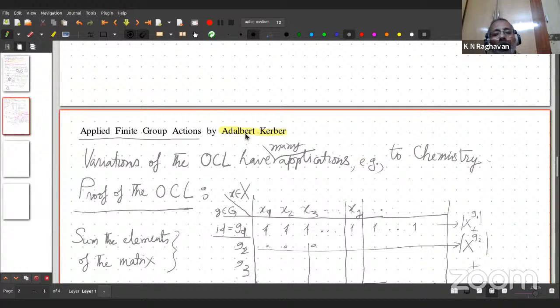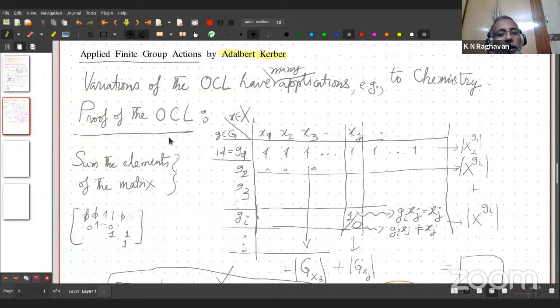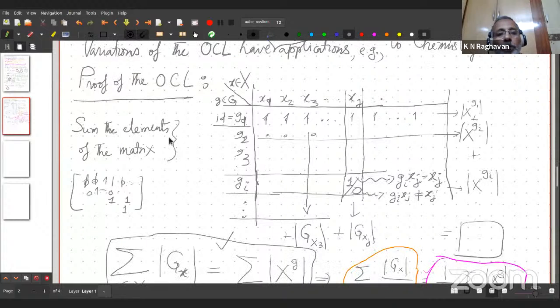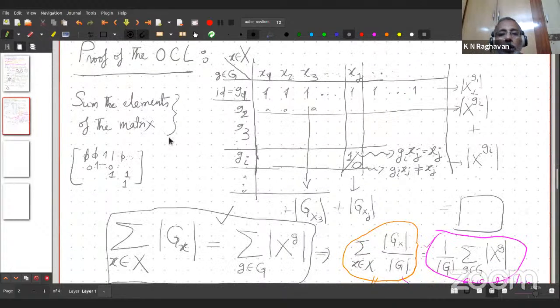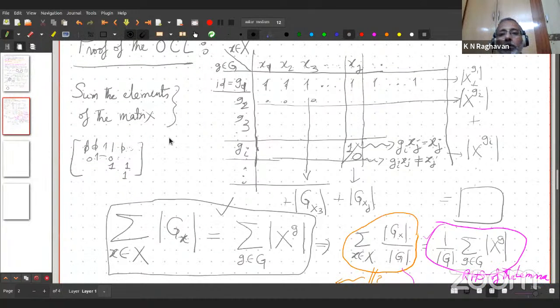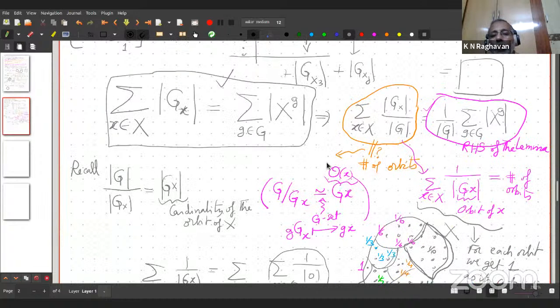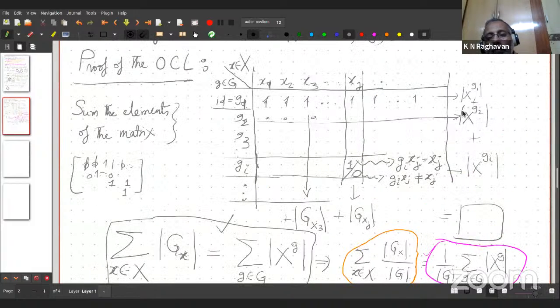And we noted that this is a reference. Then we went to the proof of the orbit counting lemma, and that proof involves two beautiful ideas. One is making a matrix like this, and just observing that you take the rows, you do the same summation in 2 different ways.